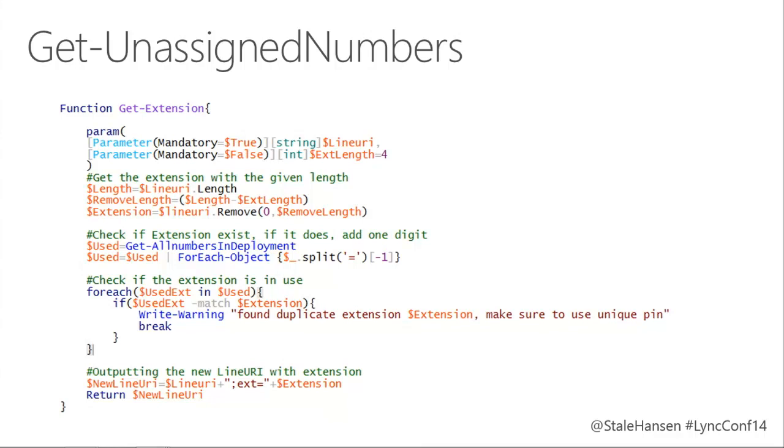And then we need to loop through every number in the deployment and check if the extension we are going to assign already exists. As soon as we find one match, we will break the foreach loop, which we see here, and we'll create a warning. If not, it will return the number with the extension. Cool?